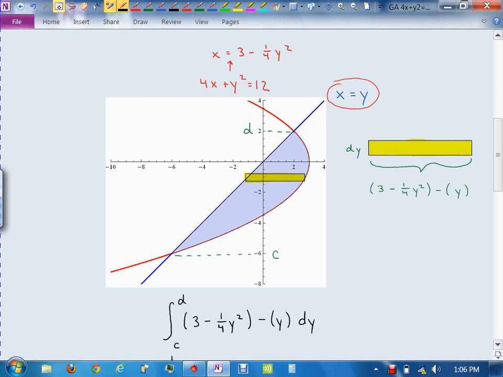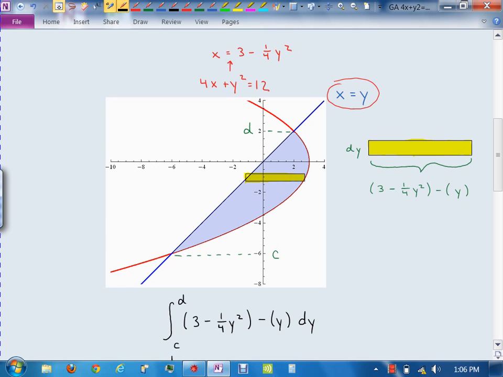If our rectangle goes up and down, it's the top function minus the bottom function, right? But if the rectangle goes sideways, it's the right one minus the left one. So it's the parabola, which is the 3 minus 1/4 y squared, minus the diagonal, which is the y. Are there any questions on that?